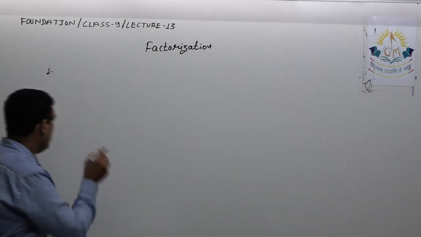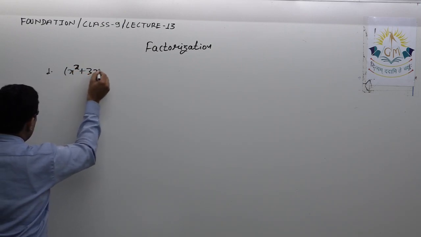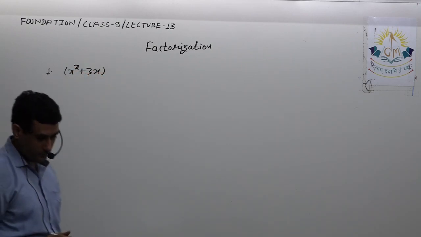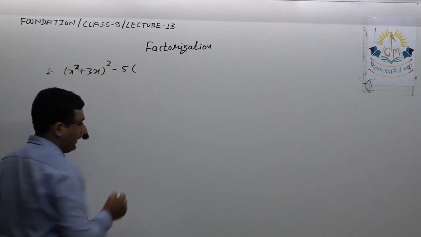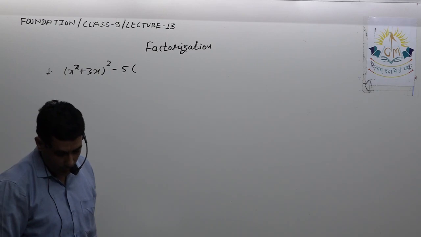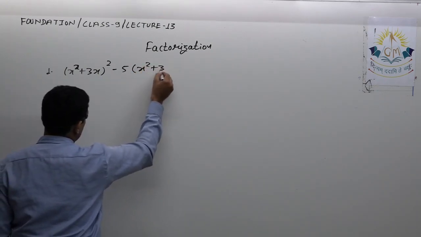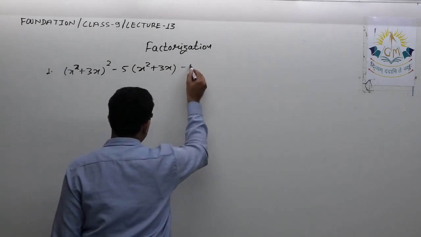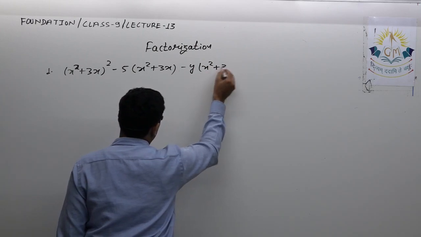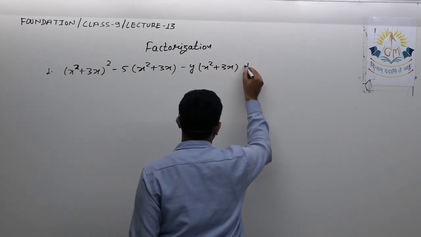So here is the question: (x square plus 3x) raised to 2 minus 5 multiplied by (x square plus 3x) minus y (x square plus 3x) plus 5y.